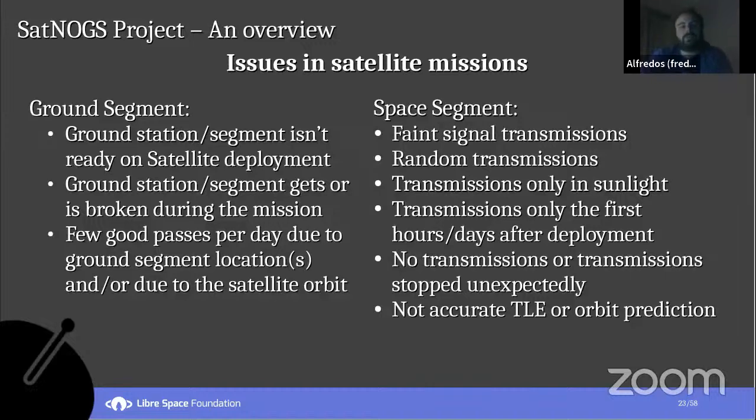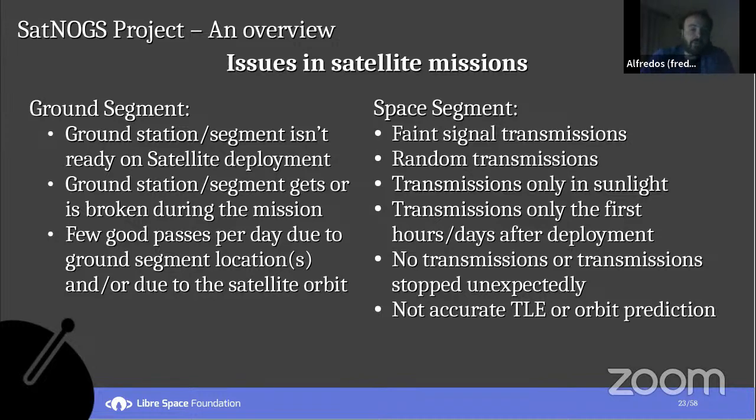Also, we have some issues in space, like satellites that have faint transmissions or transmit at random times. Transmissions that happen only when the satellite is under the sunlight, or transmissions that happen only in the first days and then stop. We also have satellites that don't transmit at all, or their transmission stops unexpectedly.